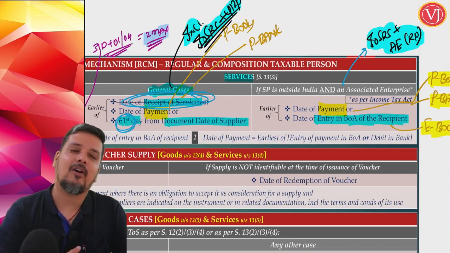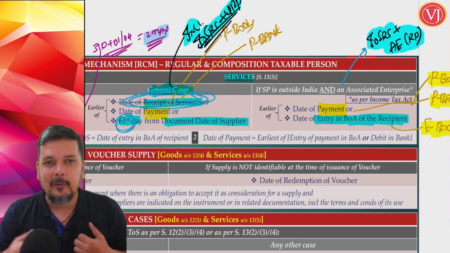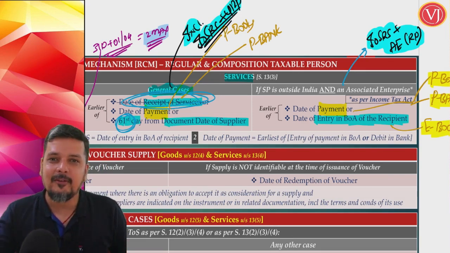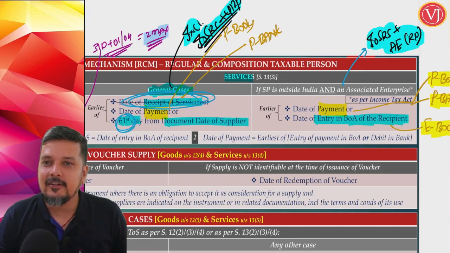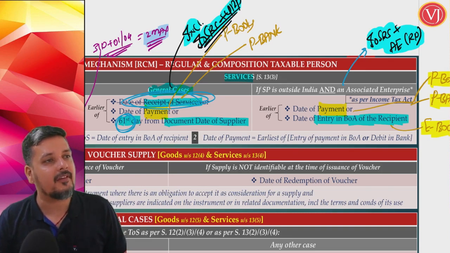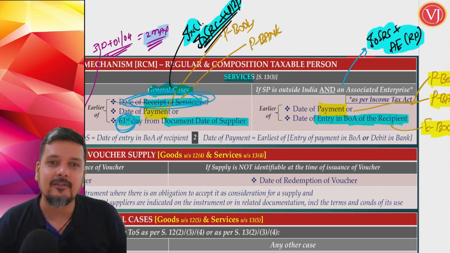Now, what is a commonly made mistake? The moment we see importation of services, our emotion comes out: okay, it is special category, it is date of payment or date of expenses entry in books of accounts of the recipient, whichever is earlier. Incorrect. And the question will also give all these unnecessary data.